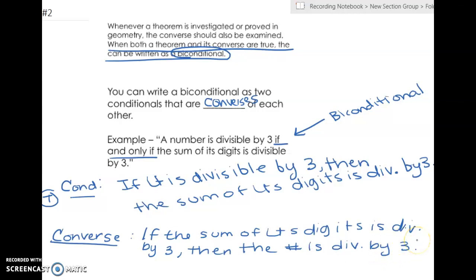Okay, so if the sum of its digits is divisible by 3, then the number is also divisible by 3. This is also a true statement. Now, because the conditional and the converse are both true, that's the reason we can write this biconditional statement. If one or both of these was false, we cannot write it as a biconditional statement.